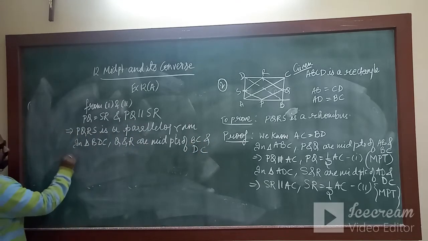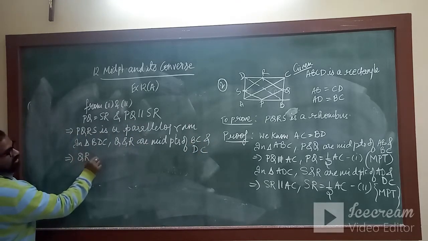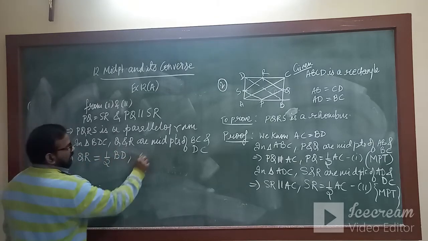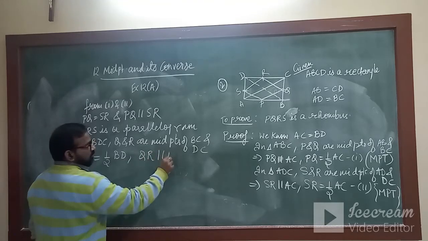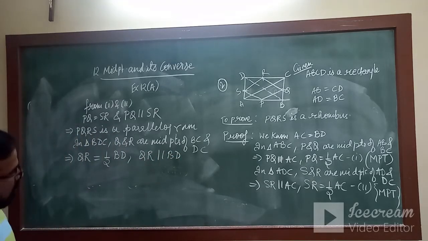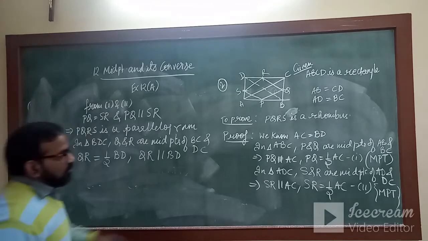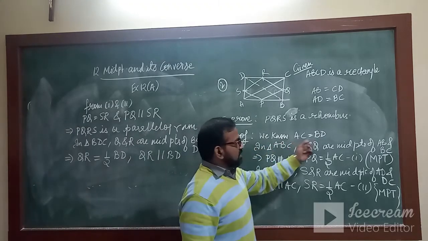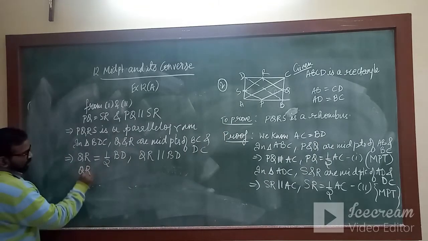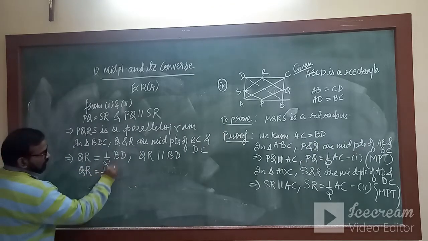So we can say that QR equal to half of BD and QR is parallel to BD. But we have already written in the starting that AC equal to BD. So we can say that QR equal to half of AC.